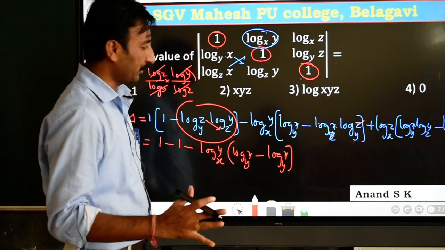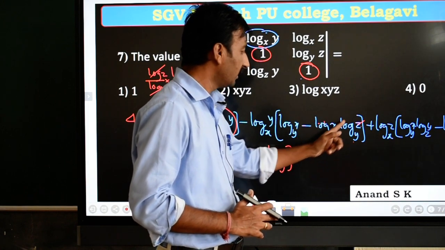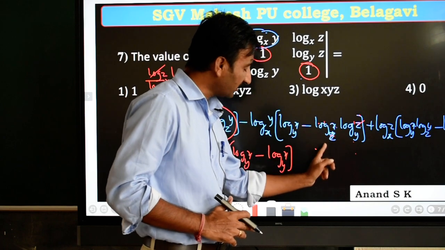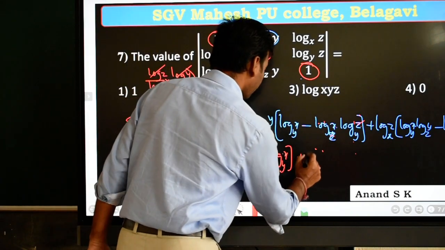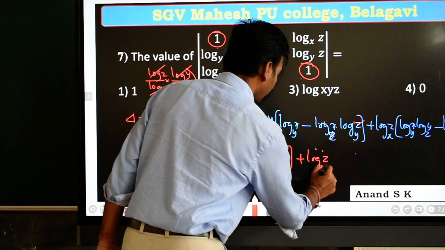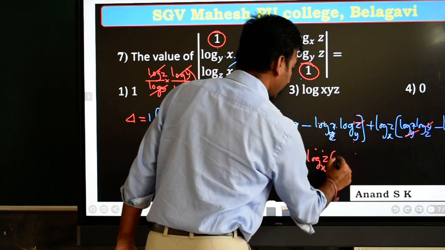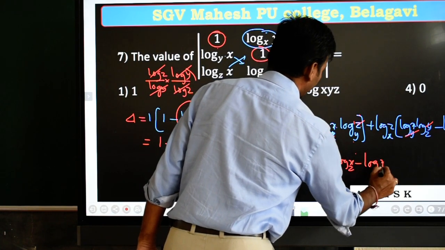If you are getting confused regarding this, what you can do is change of base: log x divided by log z divided by log y, log z vanishes, and log x by log y is log x to the base y. You can write like this, plus log of z to the base x in the bracket, still here y vanishes, you say it is log x to the base z minus log x to the base z.